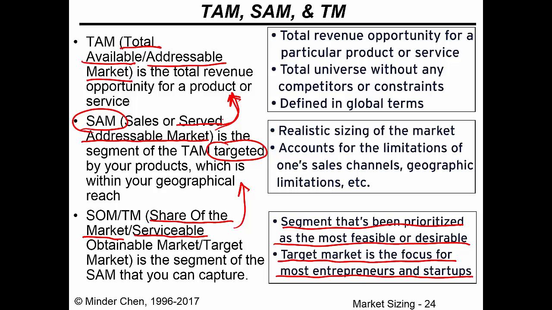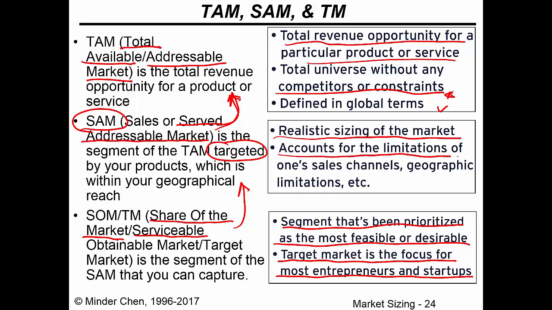Let's look at this slide. It's the total revenue opportunity for a particular product or service, and it's the total universe without any competitor constraint, which means that if you have no competitor, certainly you can eventually reach the revenue that you want to generate, but that's kind of wishful thinking. It's defined in global terms, which means you're most likely talking about the global market. SAM is a much more realistic sizing of the market.